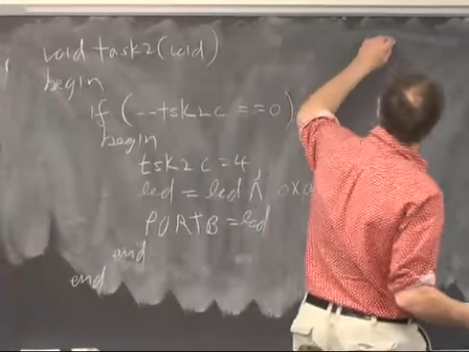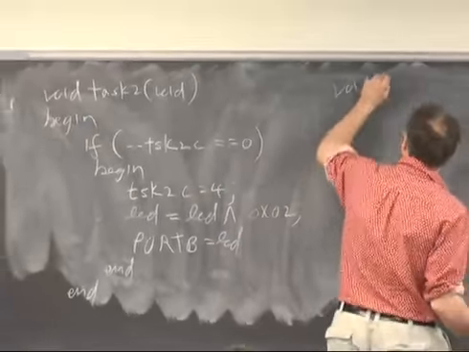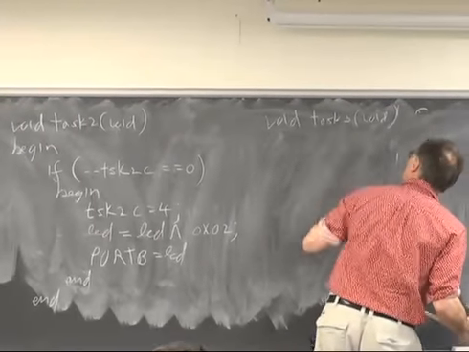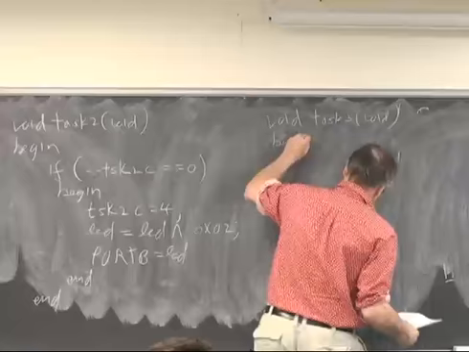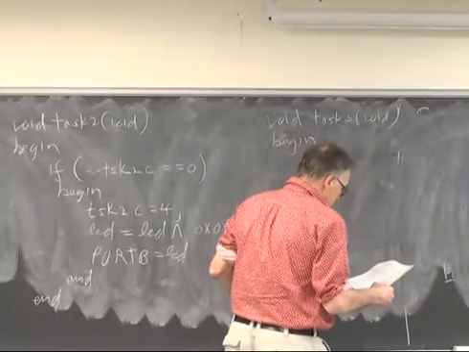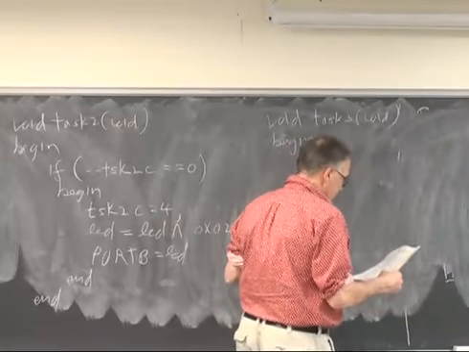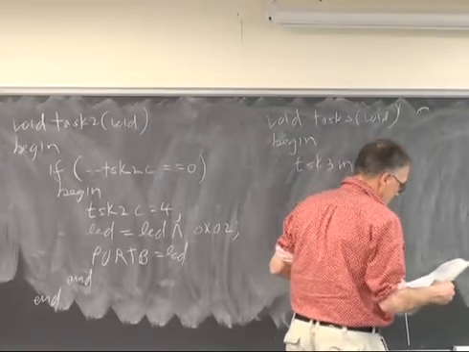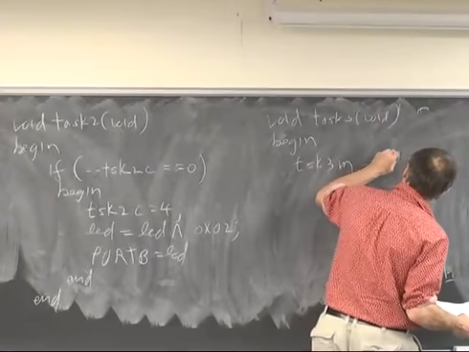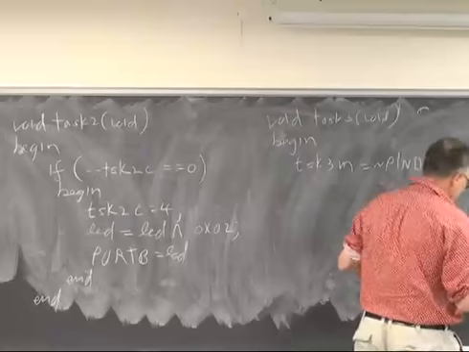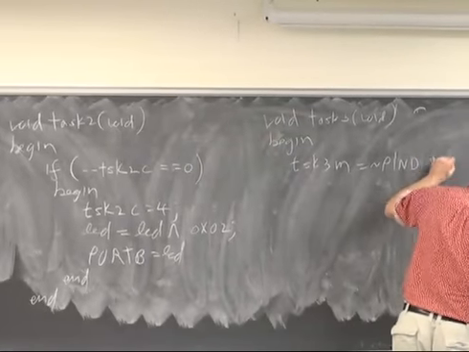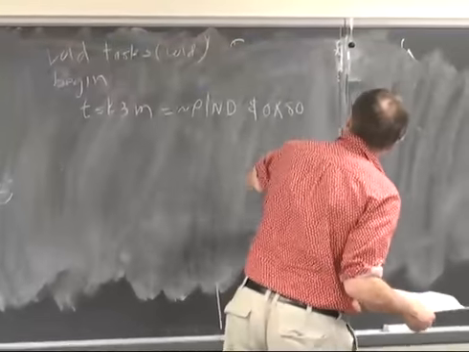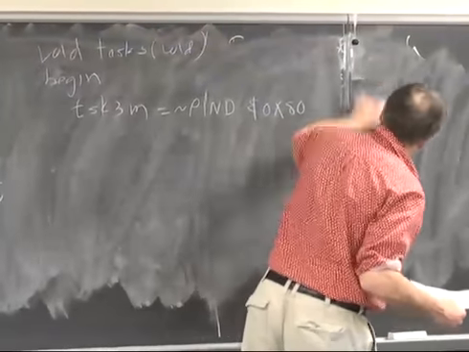Task 3 then is just going to be really embarrassingly simple. Task 3 M is equal to not pin D and 0x80, so that we're detecting only bit 7.